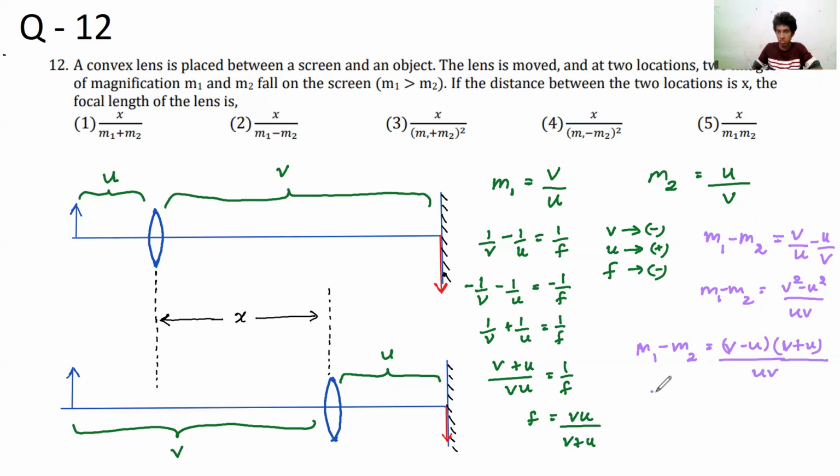So here we can subject vu over (v plus u), that is equal to (v minus u) over (m1 minus m2). So this is equal to the focal length. Then v minus u is equal to x. So the focal length is equal to x over (m1 minus m2). So then the correct answer will be the second one.